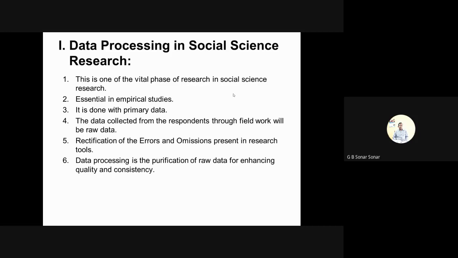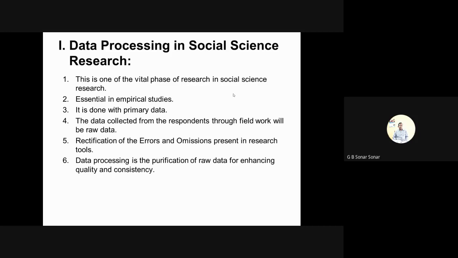Why is this processing important? Because by doing purification, by removing errors in the primary data, we will be able to enhance the quality, and we will also be able to maintain consistency in the data. If there is no quality and consistency in the data, the findings we are going to get will not be useful, will not be scientific.